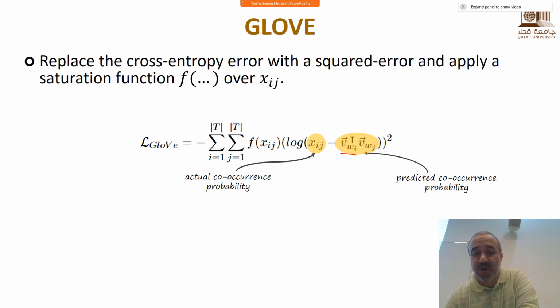If I look at the entire collection, I can compute the actual probability of co-occurrence between two terms, and this is the predicted probability. So the loss function compares these two. That's the whole idea. I don't want you to know more than that. But it will learn different embeddings. So changing the loss function, of course, will give us different learned weights, and thus different embeddings.